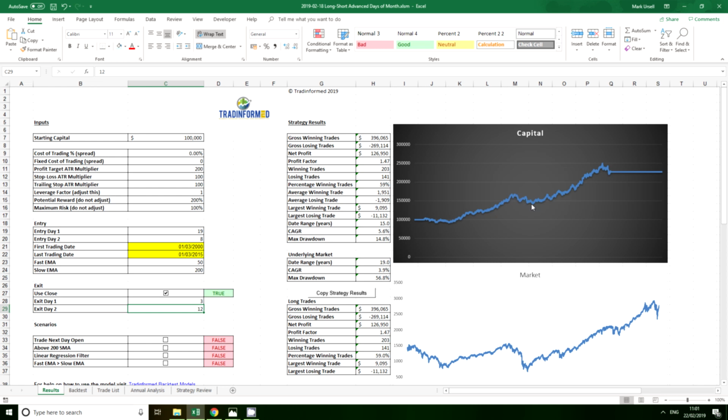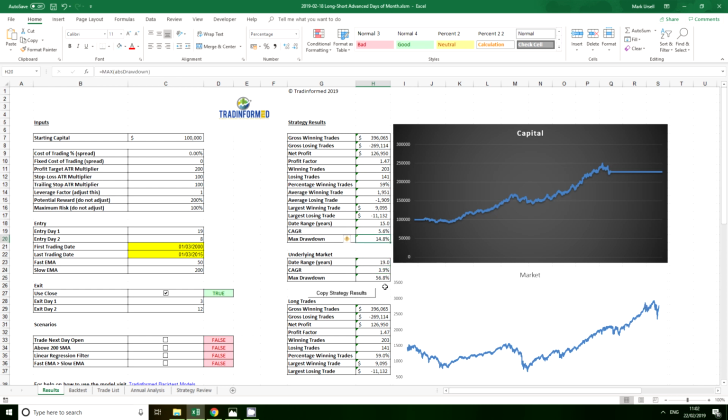And although there is still an effect from the financial crisis, it is much less pronounced than in the original data. We can see that the overall effect of this is a steady compound annual growth rate of 5.6%, compared to the market, 3.9%, although that is over the whole time period up until today.